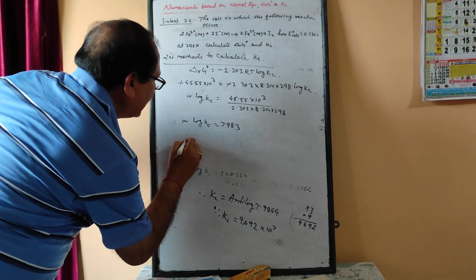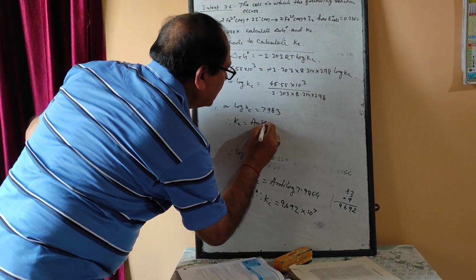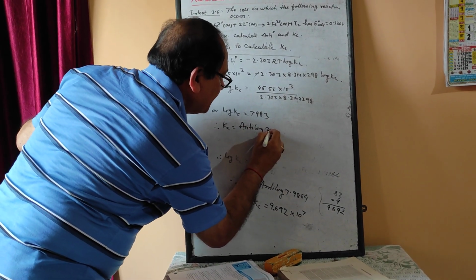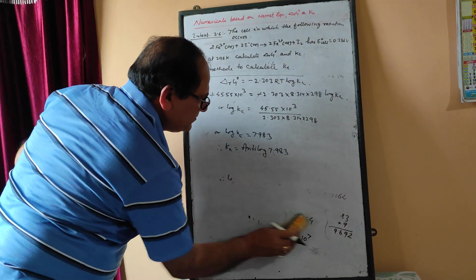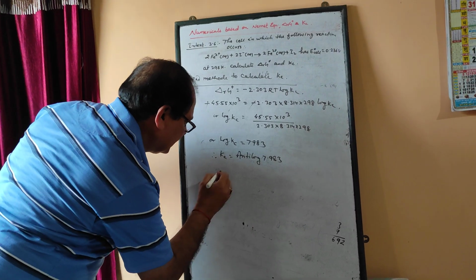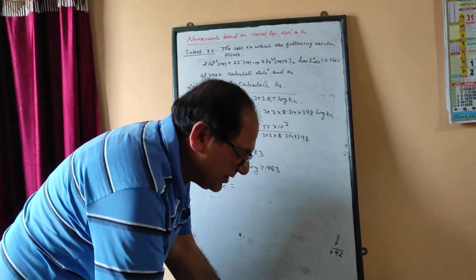Now again, therefore Kc is equal to what? Anti-log 7.983. Just roughly I am going to check it. So Kc is equal to, again the same method, 0.983.